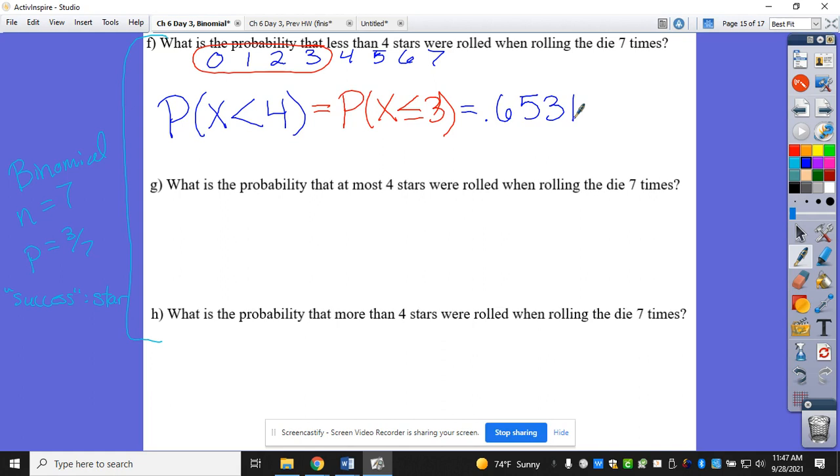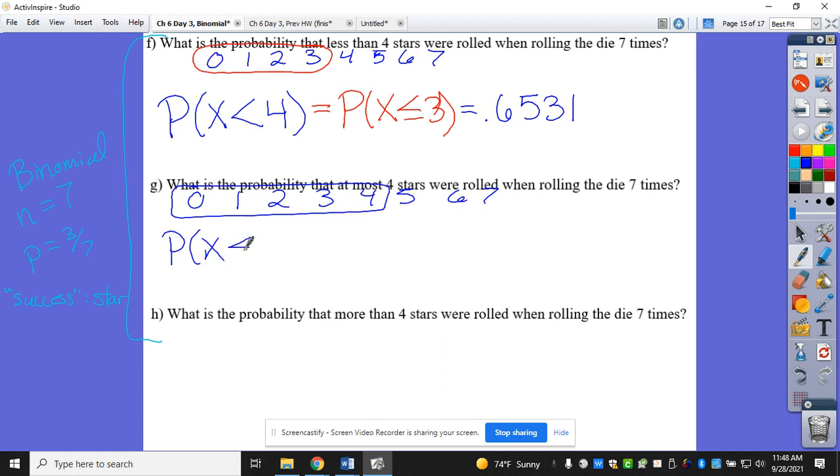So then here, which numbers are at most 4? Zero to 4. So how do I write that?